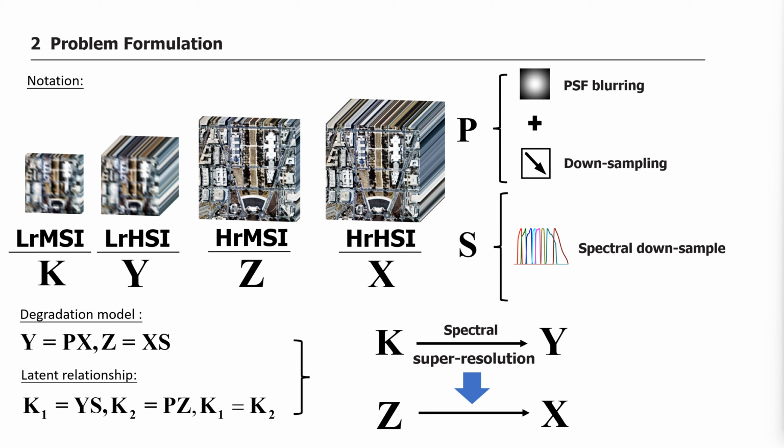That is to say, the spectrally degraded Y should equal to spatially degraded Z. By observing the degradation model and the latent relationship, we can find that K and Z are spectrally degraded from Y and X via the same degradation matrix S. So, if we can establish the spectral inverse mapping from K to Y, and apply this mapping to Z, we can generate the unknown X under the unsupervised framework.